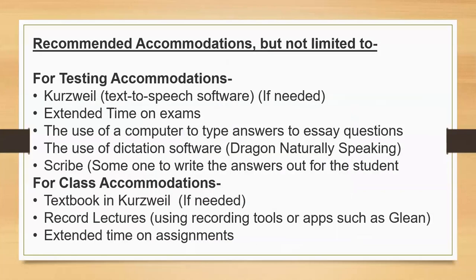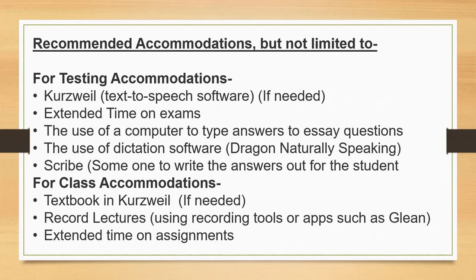So for anybody that has trouble writing, and it's not only somebody with a learning disability, like I did not have a learning disability, but I have cerebral palsy, and it makes it hard for me to write. So I would have needed this and more time on exams.